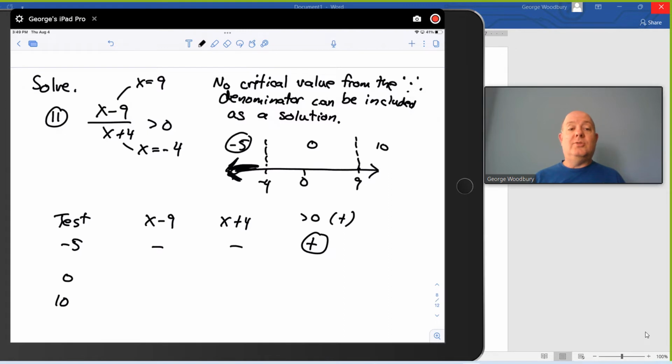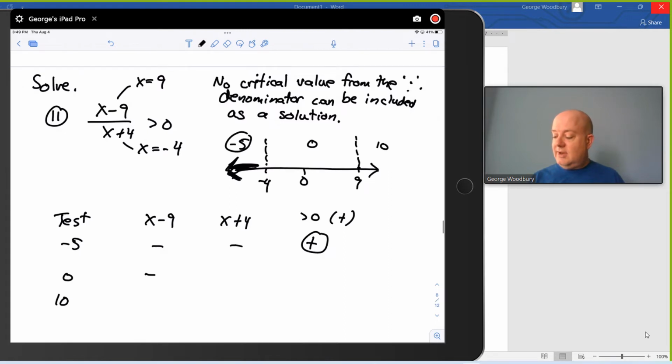When I substitute in 0, 0 minus 9 is negative, but 0 plus 4 is positive. Negative divided by positive is negative, not a solution. Substituting in 10, 10 minus 9 is positive, 10 plus 4 is positive. A positive number divided by a positive number is positive. That's a solution as well. And I'll shade that region.